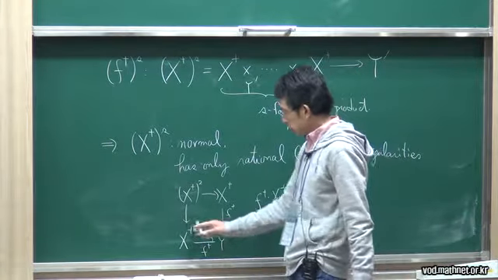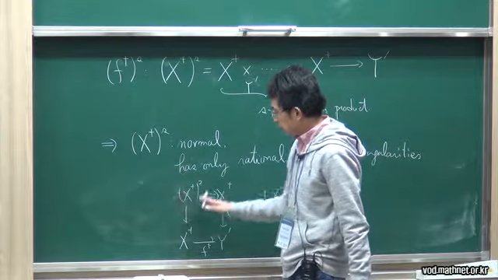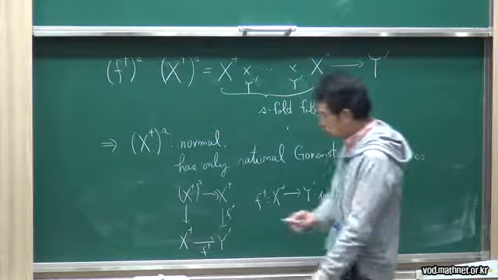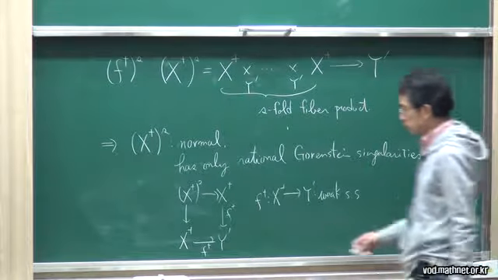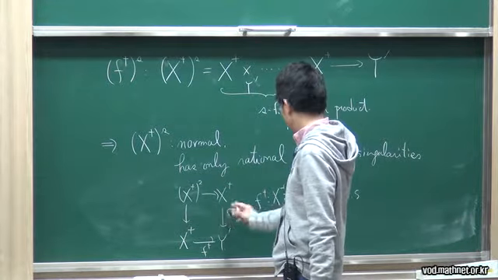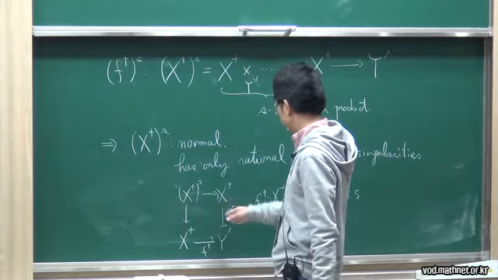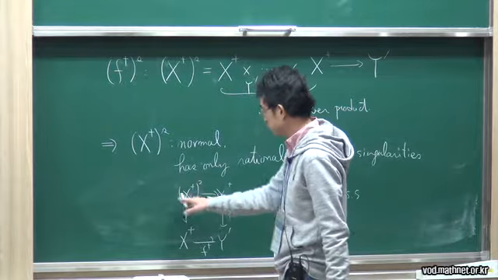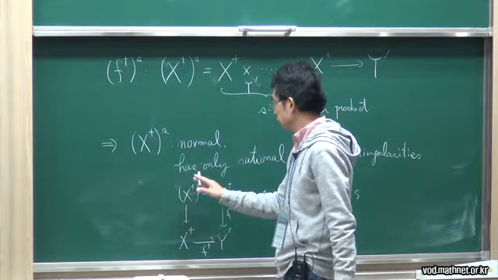So we can easily check that this is smooth in codimension 1. So we can directly check this is non-singular in codimension 1.